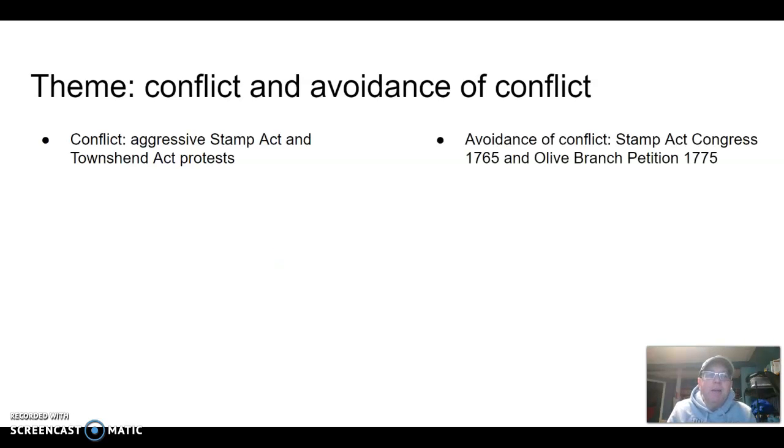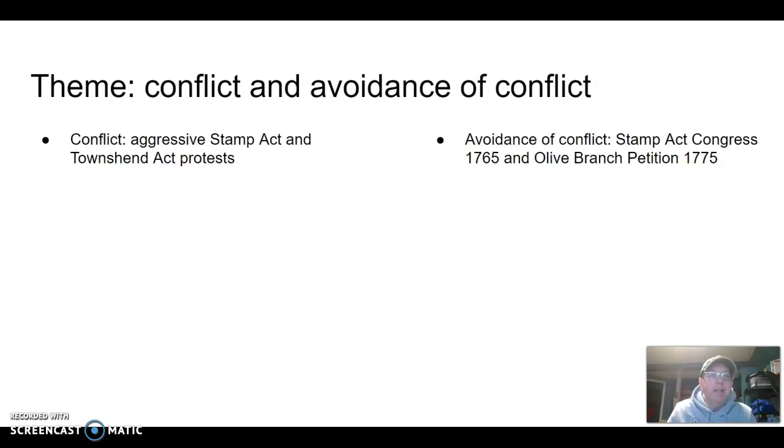However, at the same time, there are people who want to avoid conflict, like the Stamp Act Congress. About nine colonies got together to protest the Stamp Act. They issued a document, and it's fairly mild. It opens with things like, we are loyal subjects, we love being part of the empire. It's very polite language, contrasted with waking up the stamp collector in the middle of the night and forcing him to leave town.